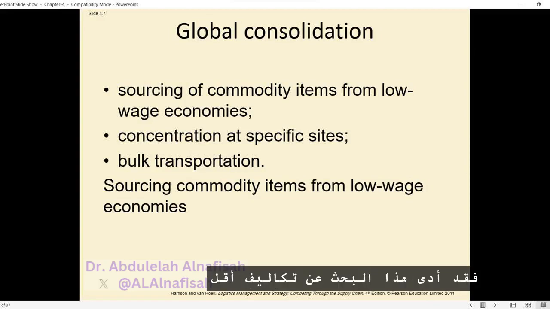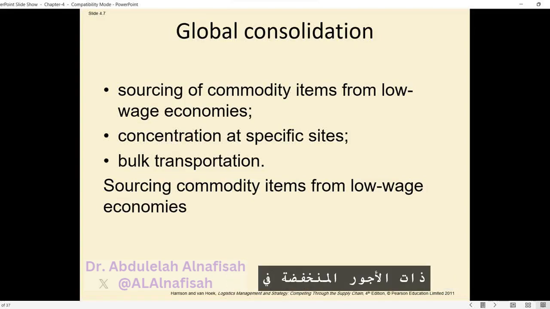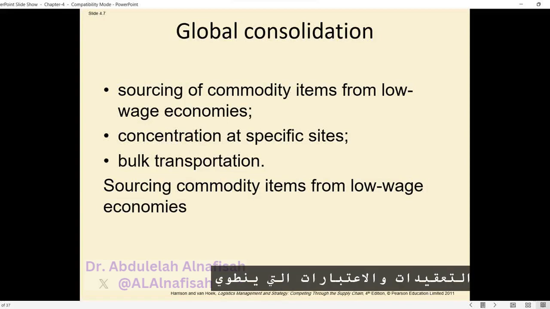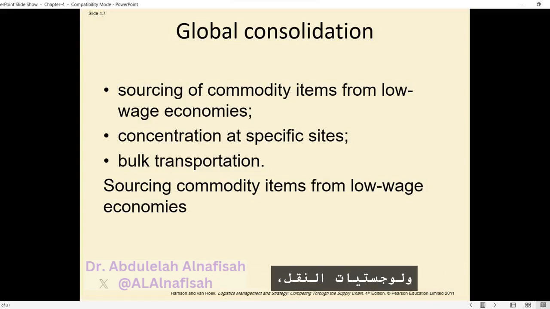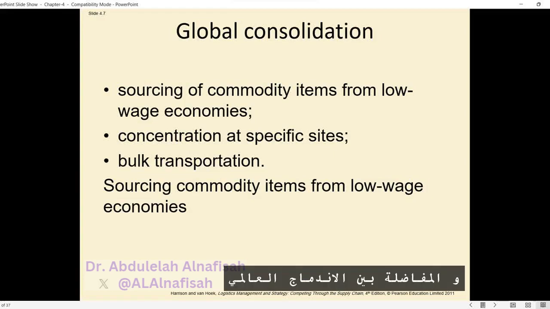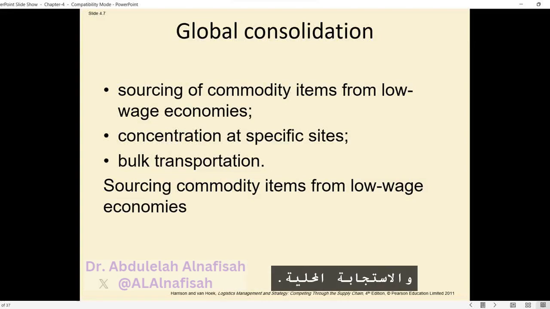However, this search for lower costs has also resulted in some companies relocating facilities to lower-wage countries in Asia, North Africa, and South America. Overall, these are the complexities and considerations involved in internationalizing logistics networks, including inventory management, handling practices, transport logistics, time to market, and the trade-offs between global consolidation and local responsiveness.